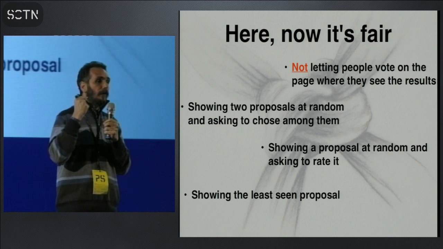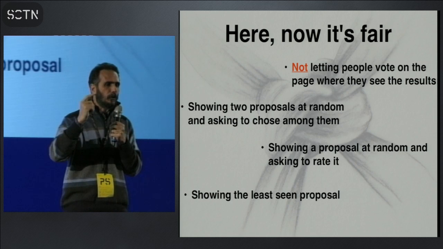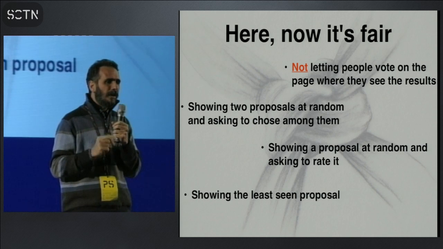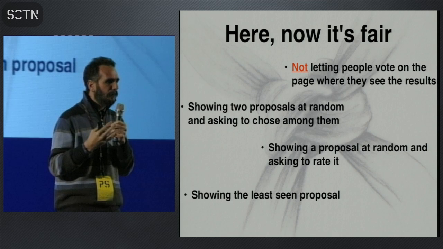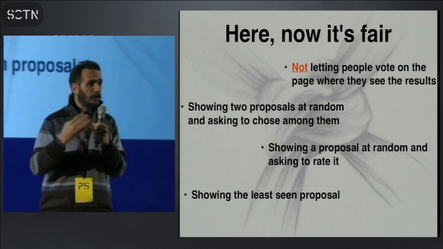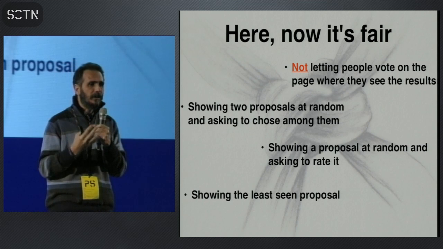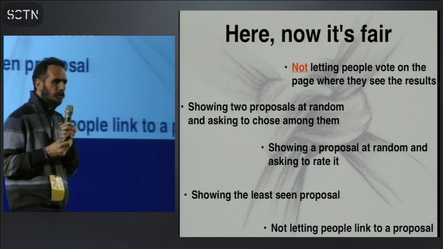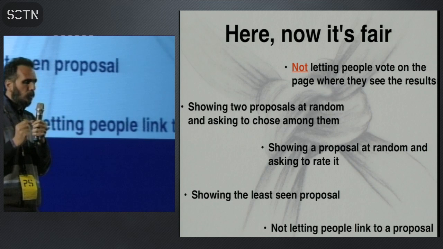Not the most voted, and not the one that has been discarded most, but the one that has not been evaluated enough: the new one, or one that has been there a long time but for some reason wasn't being seen enough. And another important element is not letting people link to a proposal.